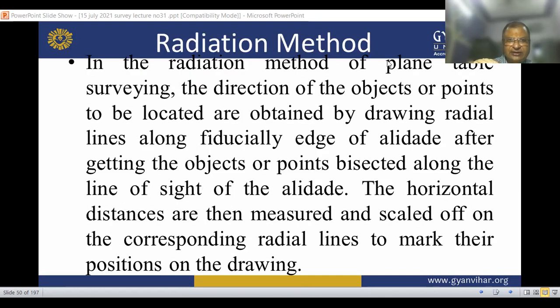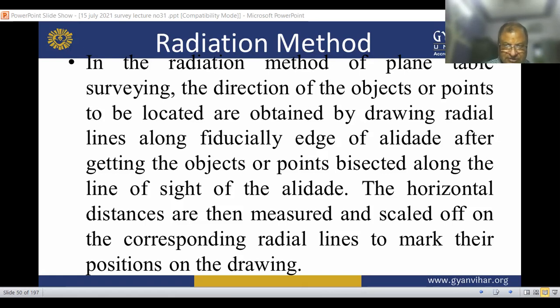In the radiation method of plane surveying, the direction of the object or point to be located is obtained by drawing radial lines along the line of sight after sighting the object or point.